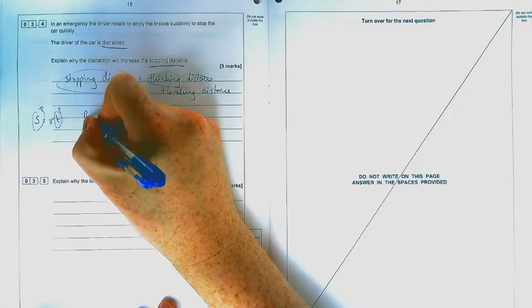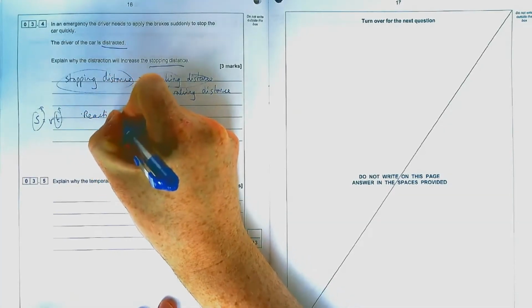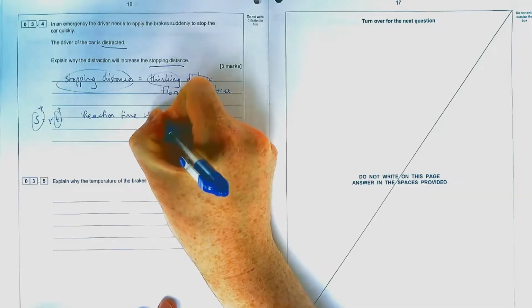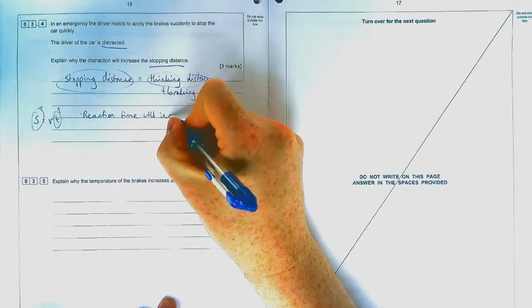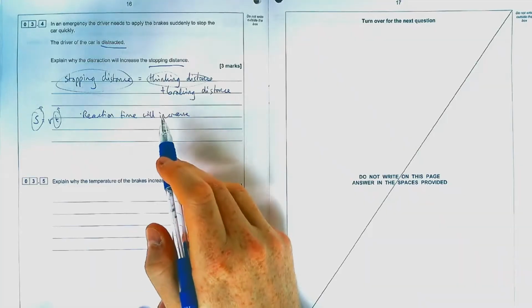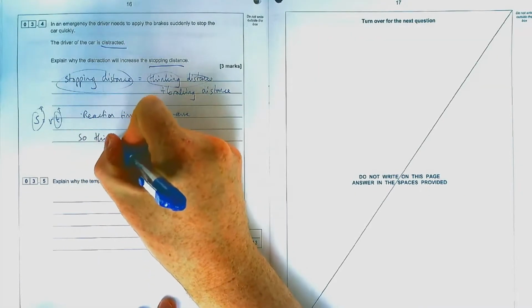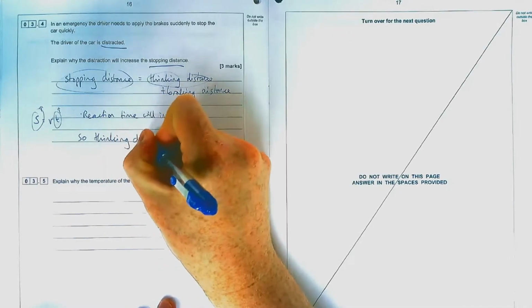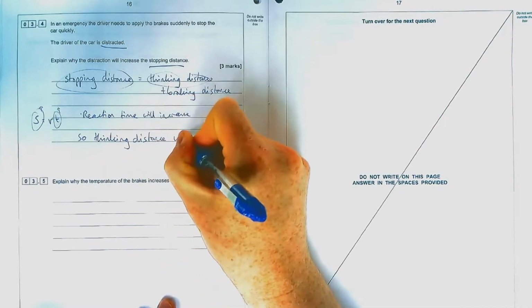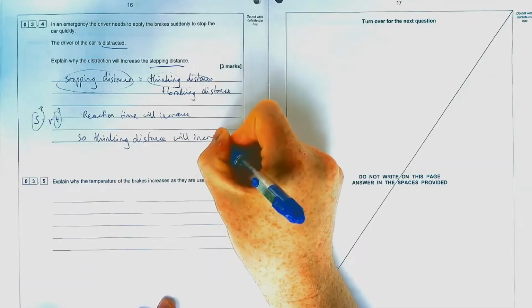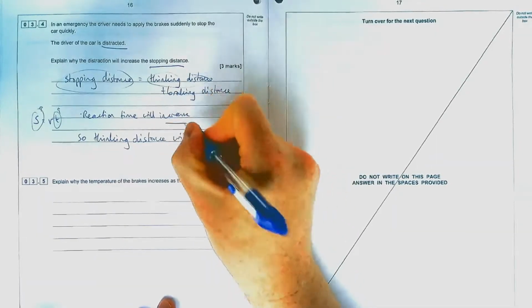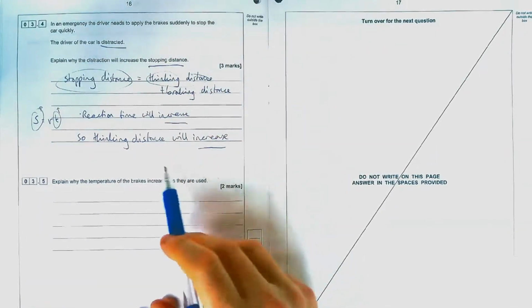So therefore, the thinking distance will increase. Now, please make sure in questions like this, you're talking about things increasing, decreasing, not speeding up, slowing down. It's asking about distance, and then we're going to use the idea of reaction time to help affect that. You could say they're directly proportional if you wanted to for an additional question. Distance is proportional to time.